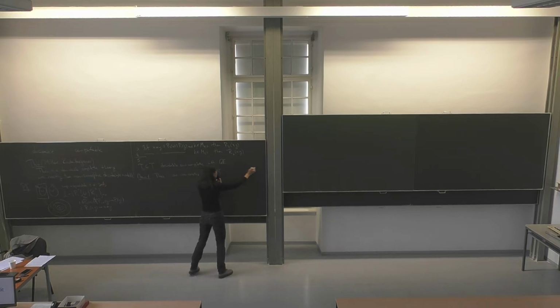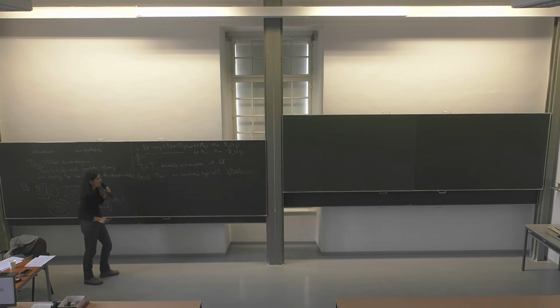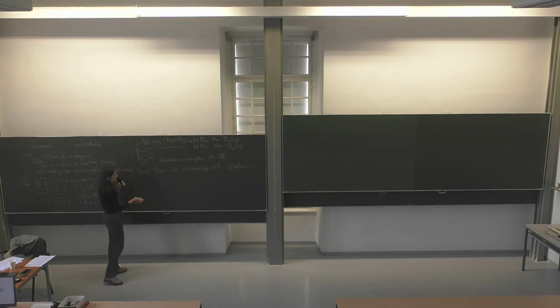So maybe let me just write it directly. How it looks: Pi of X for all i. Why is it so? We have a 1-type, just one variable. So how do the formulas look theoretically?